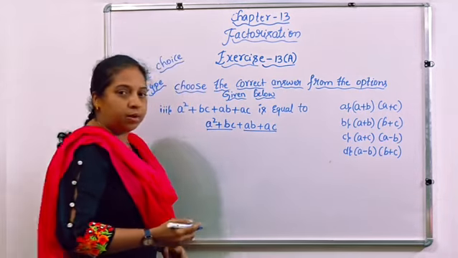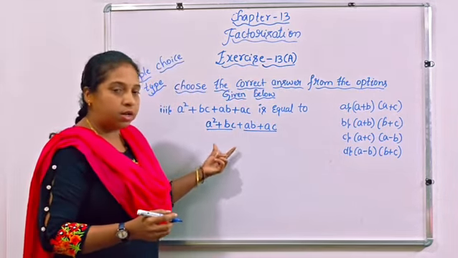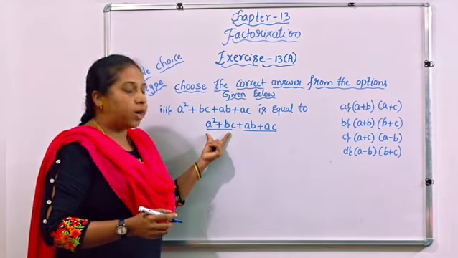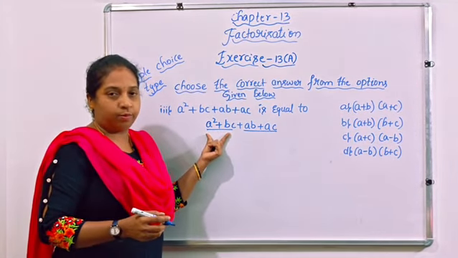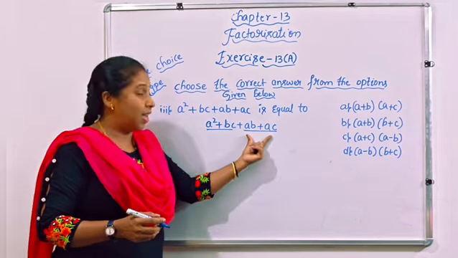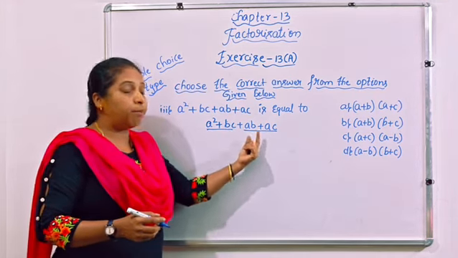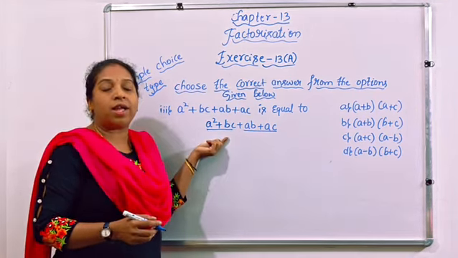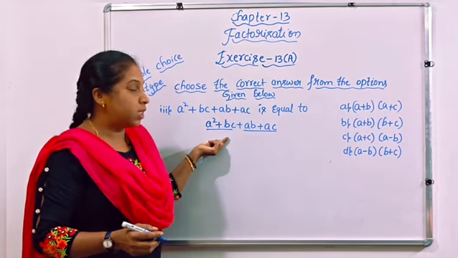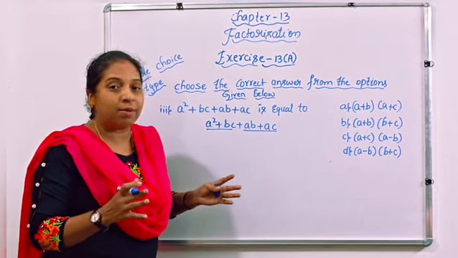If you go for grouping, we know grouping, right? Do you find any common here? If I take a, then b plus c, but here we are not having any common. What I can do is alter the terms.